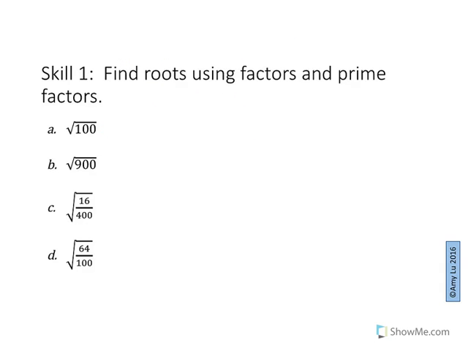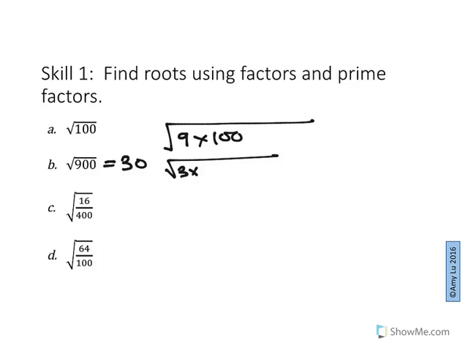If you just looked at 900 and you automatically knew, you probably got the answer of 30, because 30 times 30 makes 900. If you were to break it apart using prime factors, 900 would be broken apart into 9 times 100. If we broke that apart further, it would be 3 times 3 times 5 times 5 times 2 times 2.